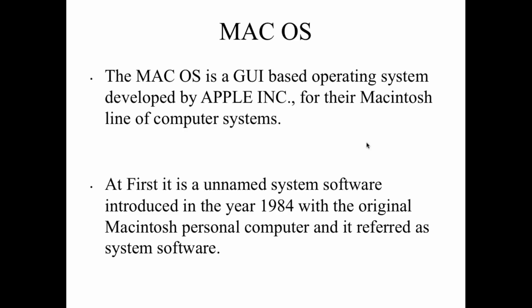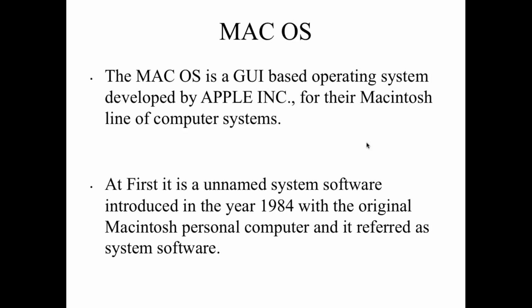It was also introduced in 1984, and this is completely GUI based, a graphical user interface based operating system from the start. As you already remember, Windows DOS is a command prompt, but in Mac OS there is no command prompt. Everything is GUI based even from 1984. This operating system was developed by Apple, their own operating system.